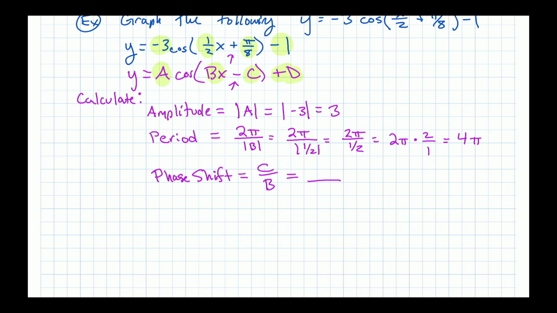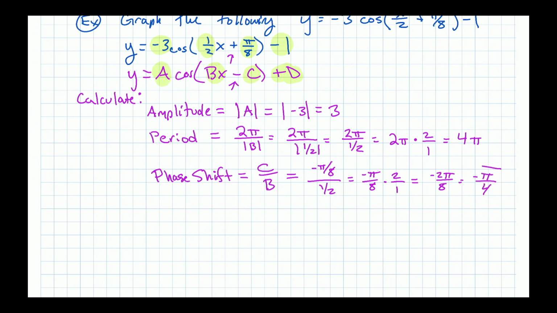So I see a plus pi over 8. A plus pi over 8 means that C is actually negative pi over 8. And then the B is 1/2 again. So just like before, dividing by 1/2 is multiplying by 2 over 1. So you work that out, you get -2 pi over 8 or negative pi over 4.